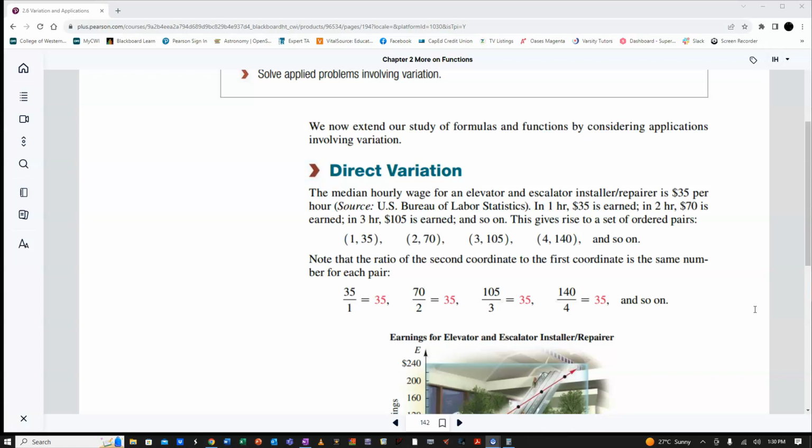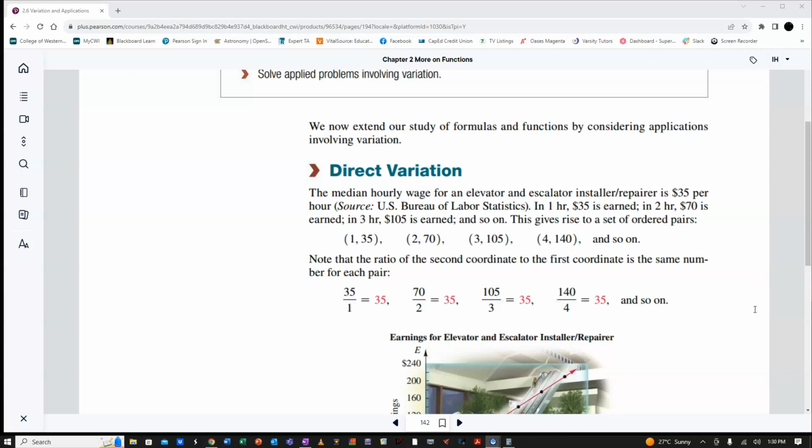And so you can generate a series of ordered pairs in which the number of hours worked represents your first coordinate, the x variable, and the amount you get paid represents the second coordinate, the y variable.